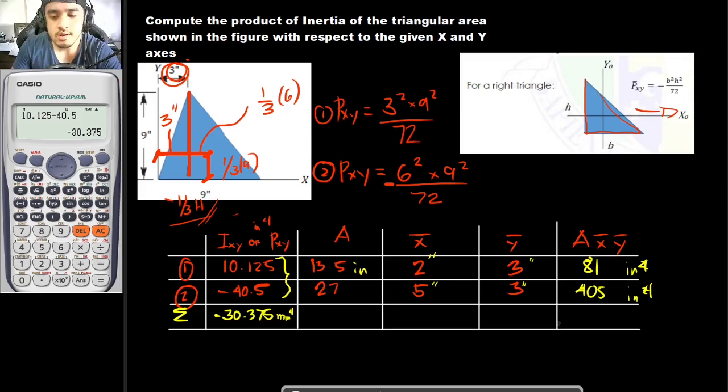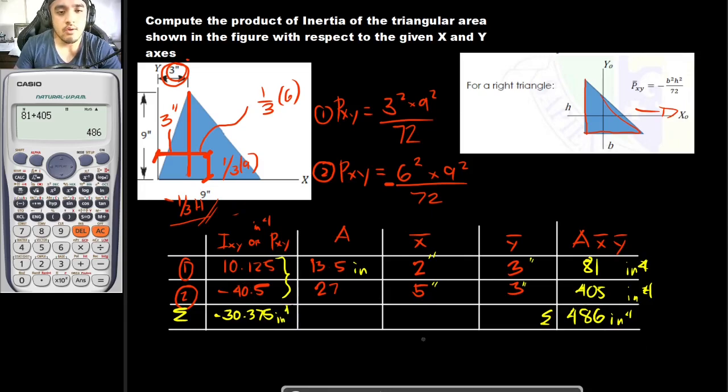And as for the summation of our transfer formula, it would be 81 plus 405, and that is 486 inches raised to 4. And this one right here is erroneous since this is not mm raised to 4th. I'm sorry about that. This should be inches raised to 4th.